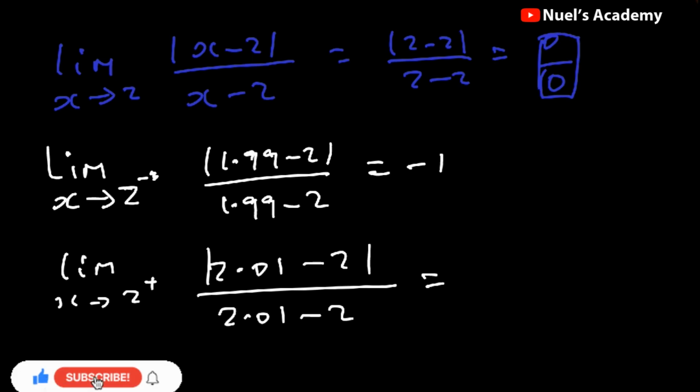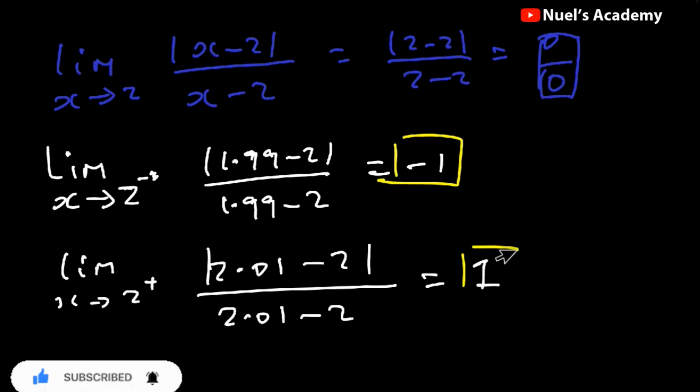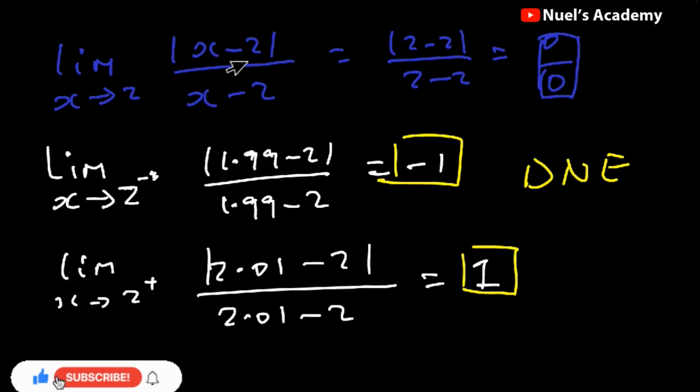So this is equal to 1. As you can see, the left-hand limit and the right-hand limit are not the same. So the limit to this one does not exist. So this limit as x tends to 2 of the absolute value of x minus 2 over x minus 2, the limit does not exist.